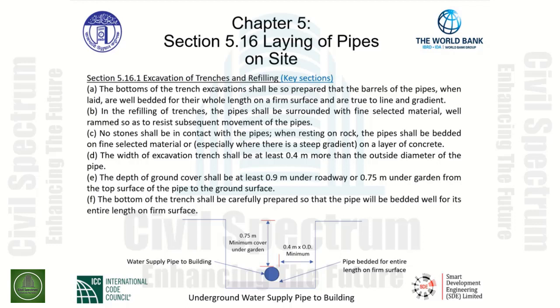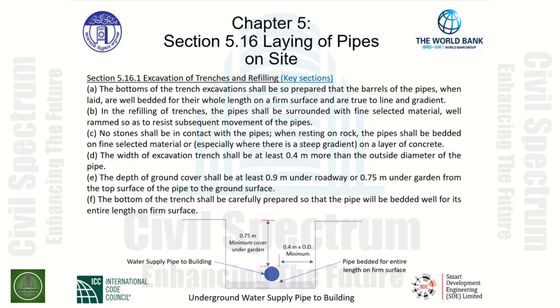From that point, from the side, we're given the requirement of the minimum width of the trench. So on both sides, we need to be 0.4 meters more than the outside diameter of the pipe.